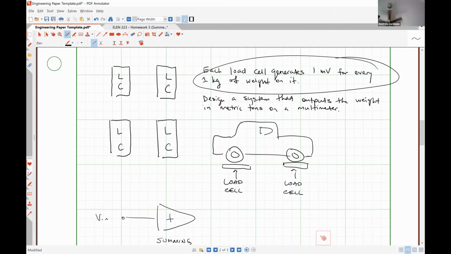So we want the output of our system to display the weight in metric tons. This might actually be too easy. All right, so we get 1 millivolt for every 1 kilogram of weight, and we want to display the output in metric tons. So how many of you know how many kilograms are in a metric ton?